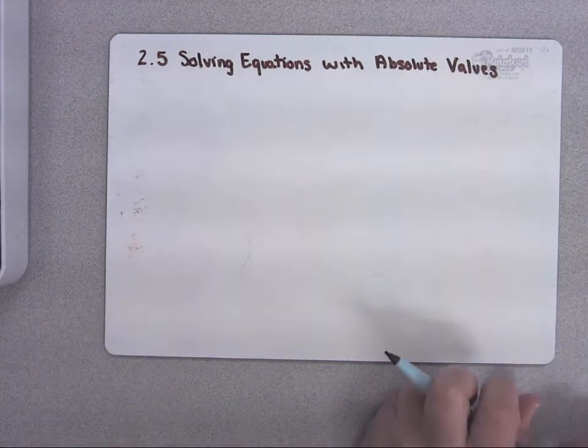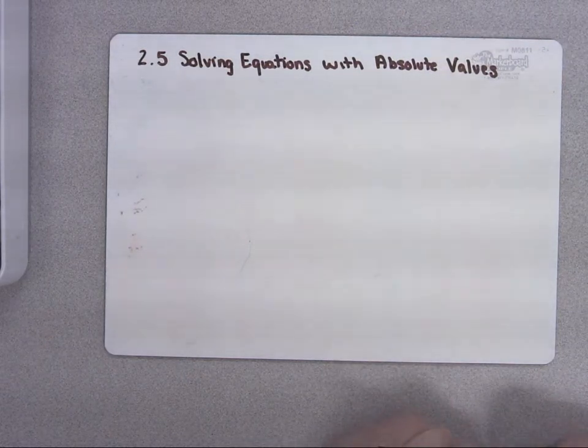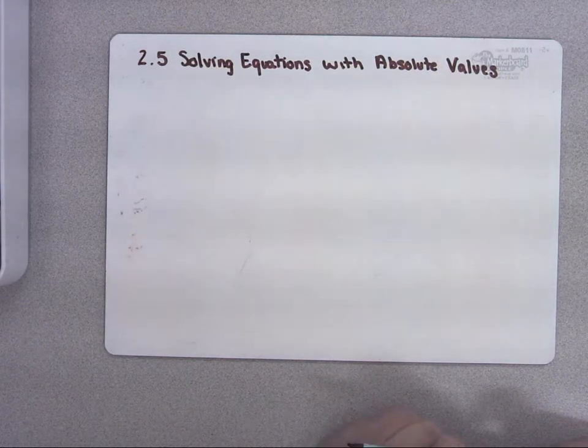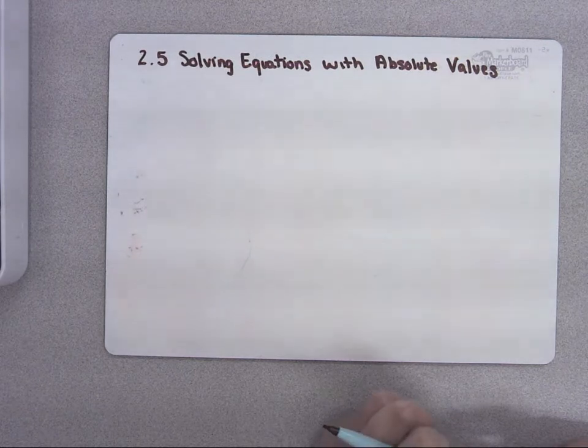Okay, so now we're still solving some stuff, but we need to know what an absolute value is. Do you remember what an absolute value sign is or what it looks like? Close. It's not a parentheses.